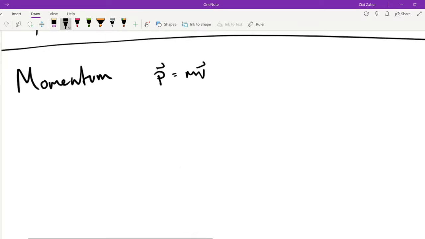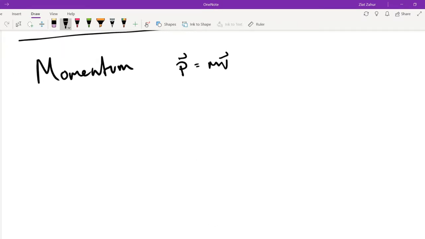Well, it's this innate ability to continue to move forward. It's kind of like a quantifiable amount of inertia. It shows you how much of a physical quantity you have in a certain direction, and it takes a certain amount of force to change the direction of that momentum, either to slow it down or to deflect it in some way.